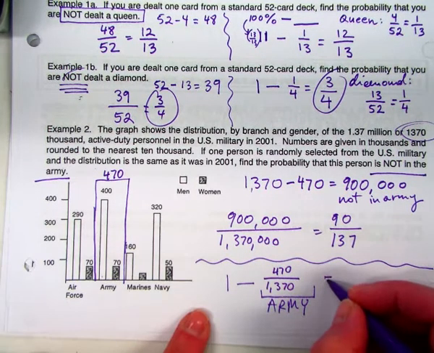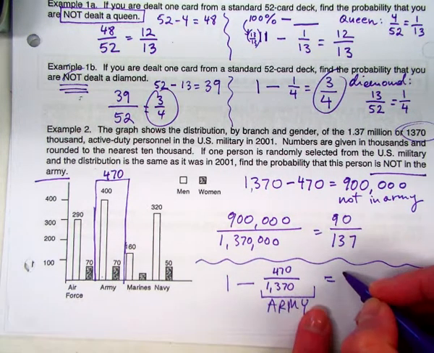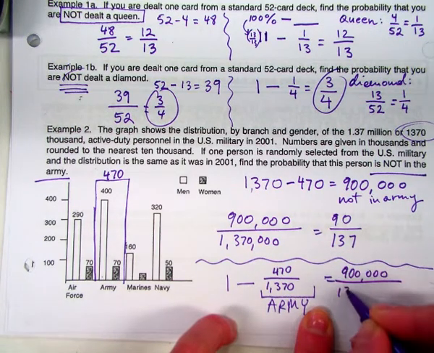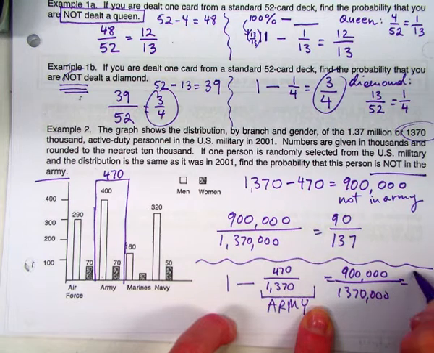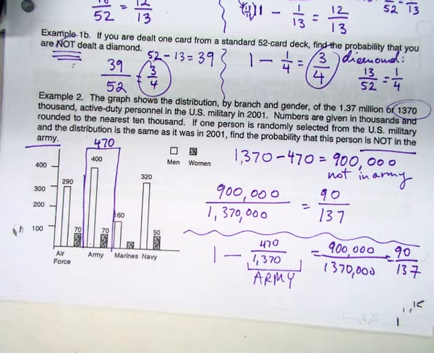And then if you subtract, you get the same answer. 1 minus the probability of the people in the Army. And you do get 900,000 over 1,370,000, and you can check this on your calculator, which is 90 over 137. So you don't have to do it both ways when you're doing these problems.